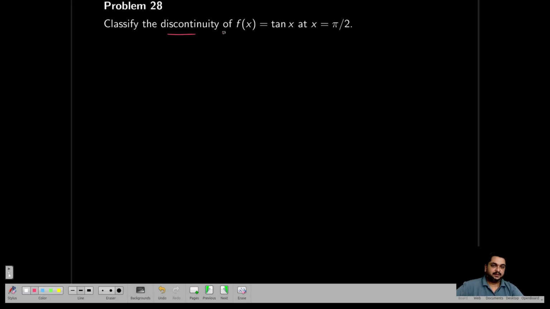Next, classify the discontinuity of f of x equal to tan x at x equal to pi by 2. So f of a is equal to f of pi by 2. It is tan of pi by 2. This is equal to infinity.